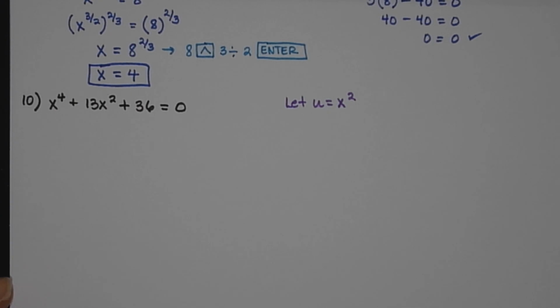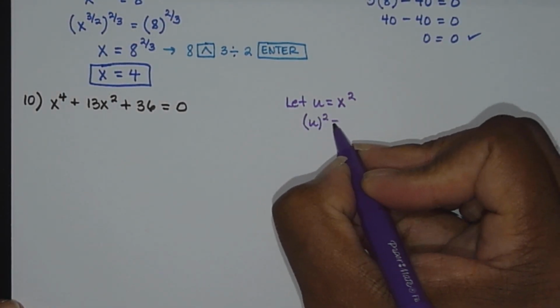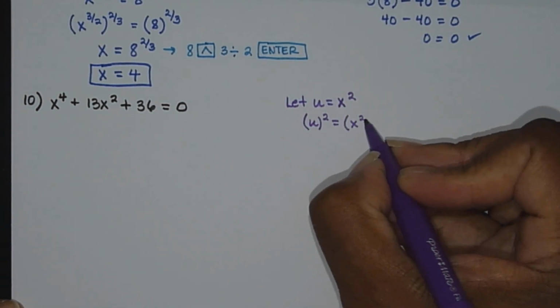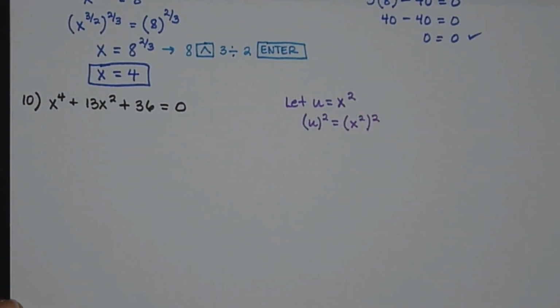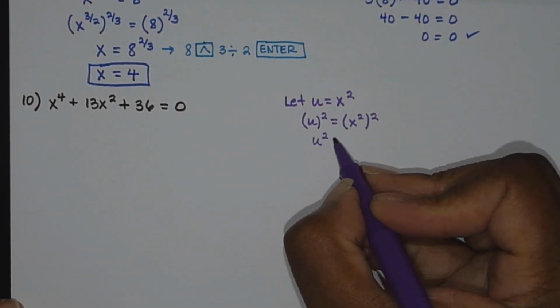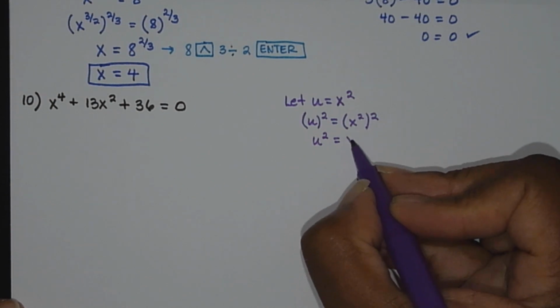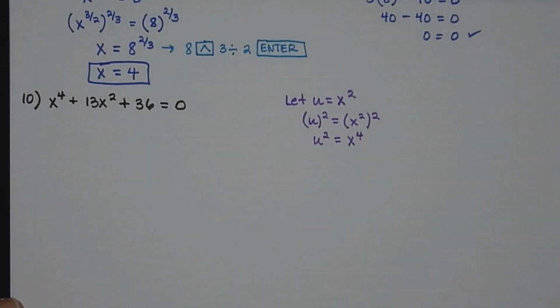And then we're going to find out what u squared is. And to do that, I need to square both sides of this equation. So this will be u squared is equal to, here x squared raised to the power of 2 would be x to the 4th. Raise a power to a power, you multiply your exponents. And then we substitute into this equation in terms of u.